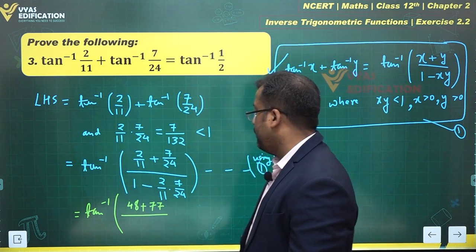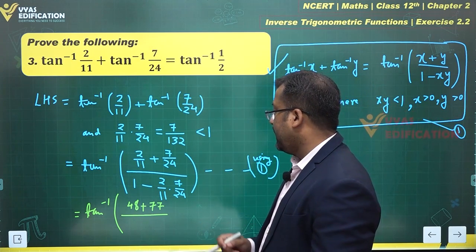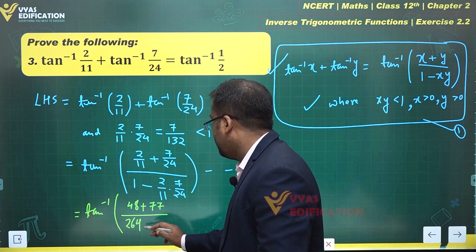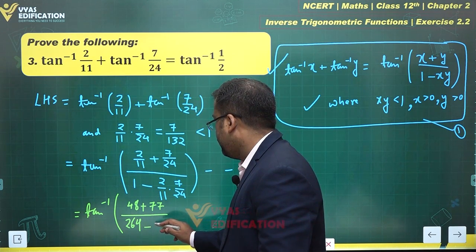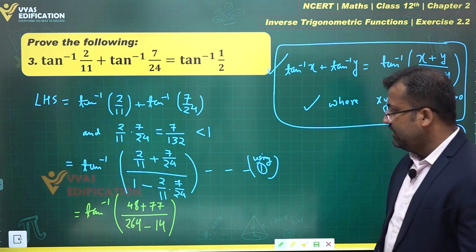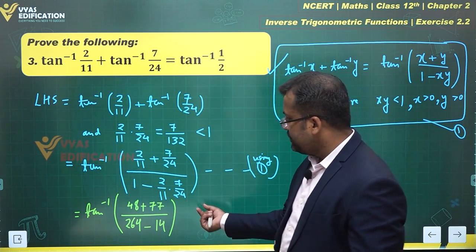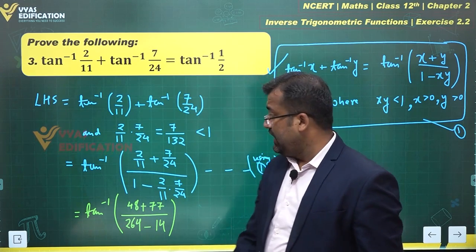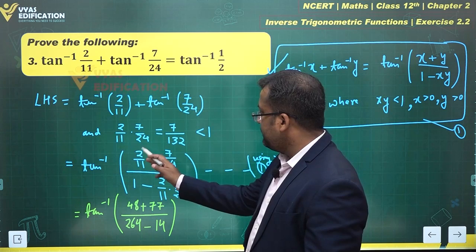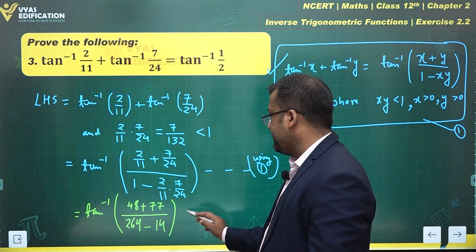11 times 24 would be 264, minus 7 times 2, which is 14. This is what you will get. Please check that result: 11 times 24 is 264 and 7 times 2 is 14. 2 times 24 is 48, 11 times 7 is 77, and this is what you get.